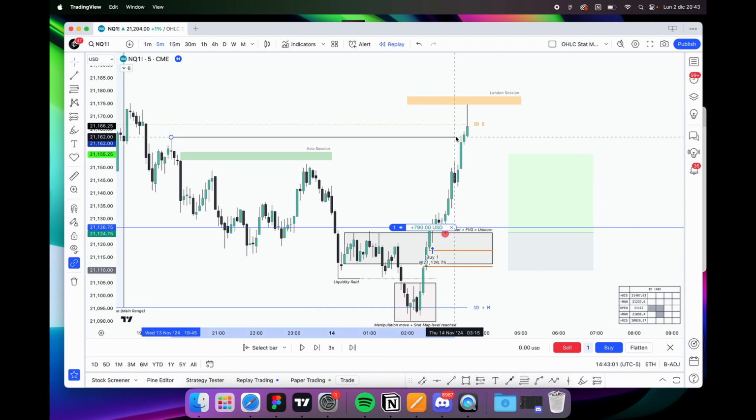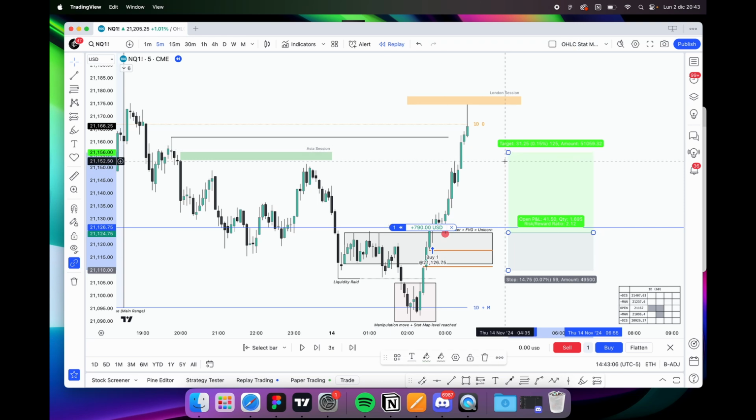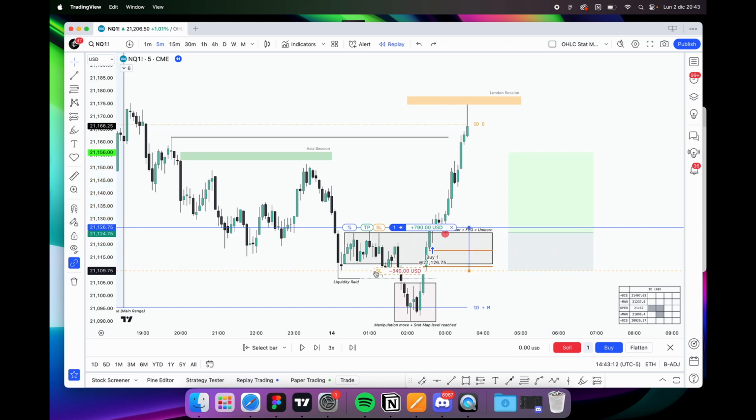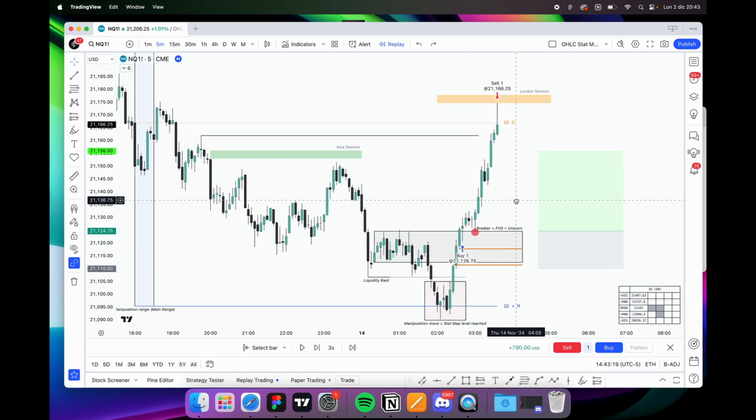So we could have got so far, if we aim for that high, 2.5R. I play to 2R and place my stop loss under, and that would be the trade.